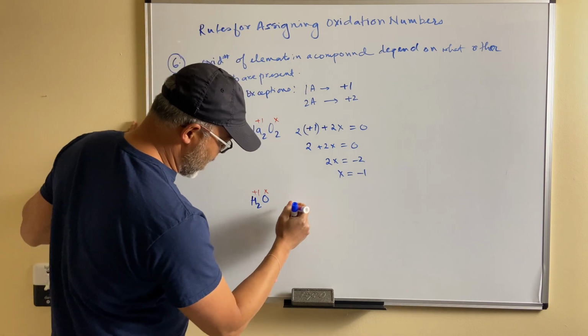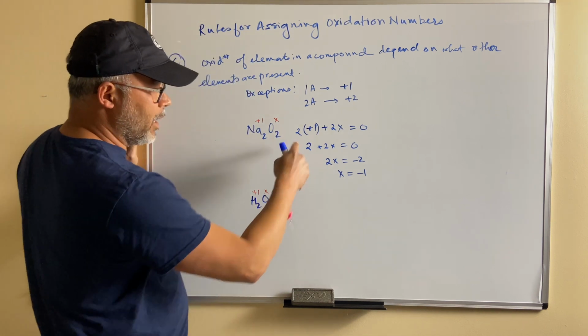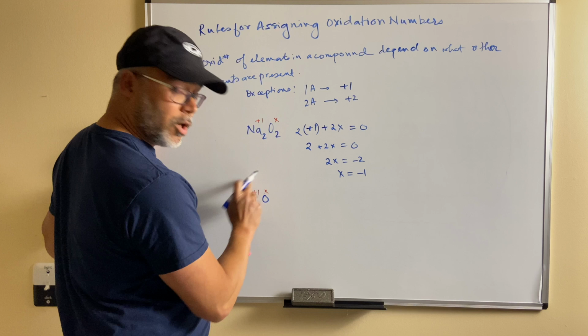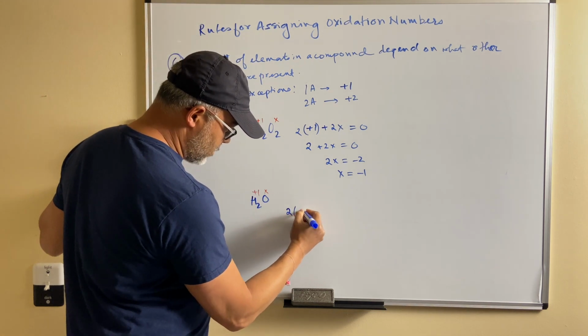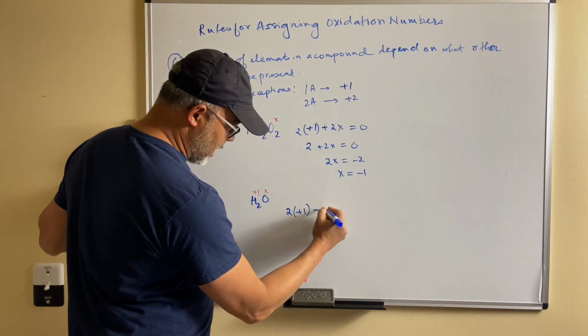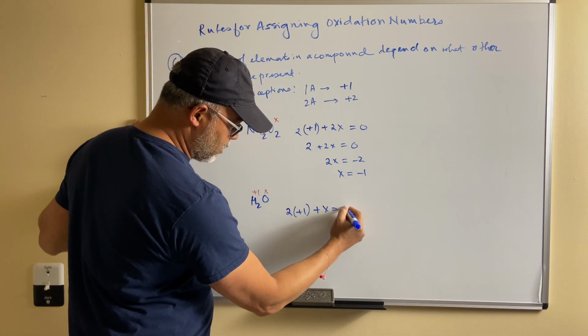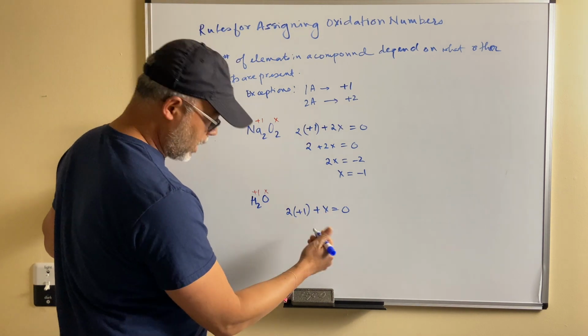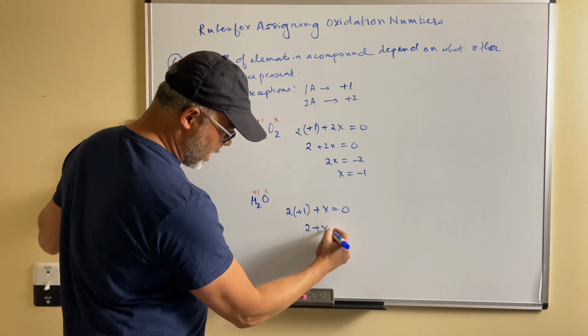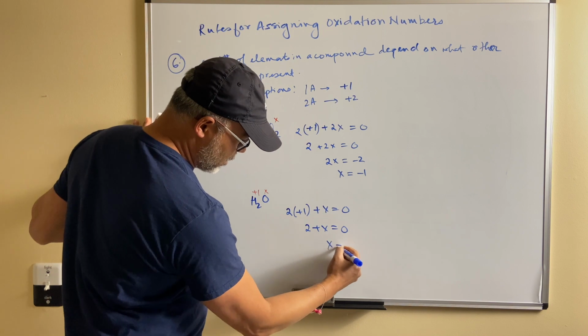So let's go ahead and write an equation in X and solve, because the total should equal 0. So that's going to be 2 times +1 plus X is equal to 0. Because there's only one oxygen, so X shows up only once, okay? So that's going to be 2 plus X is equal to 0. So X is equal to -2.